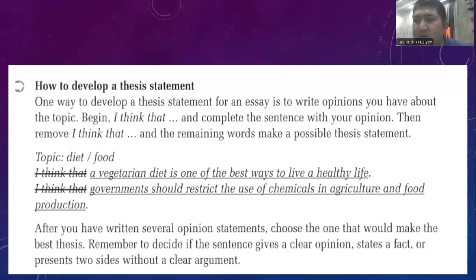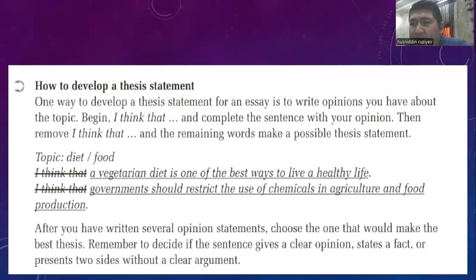In this situation, first of all you should choose a topic for your essay. If you want to choose a topic, you shouldn't choose a narrow or broad topic, because if you choose a narrow topic, there is little information or few ideas about the topic.